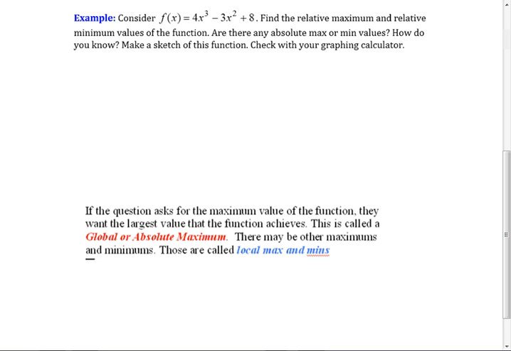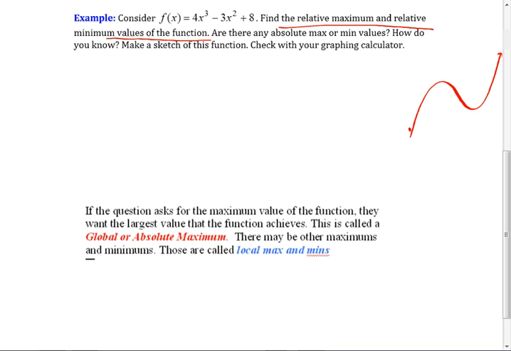Okay, ready? Here's my function. Find relative max and relative minimum values of the function. Now, you should know what a cubic function looks like. Declan, do you know what it looks like? Cubic. So it could have some bumps there.